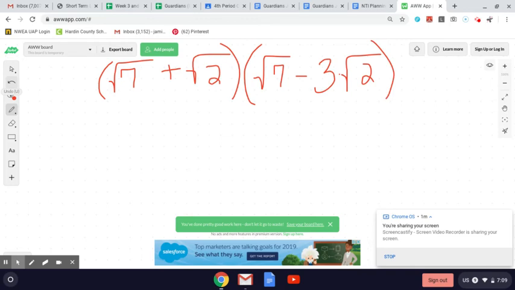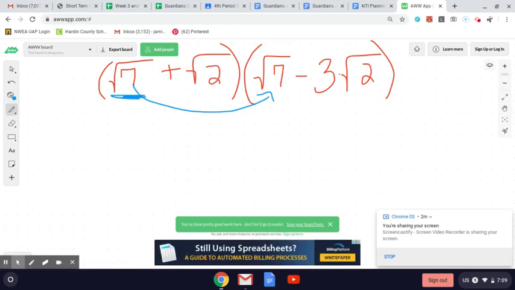All right, so you have to remember how to multiply binomials when you're doing a problem like this. So you take the first term and you multiply it by the first term of the second one. So radical 7 times radical 7. We learned that when you have the exact same radical multiplied by each other, it comes out as whatever that number is, because it'd be the square root of 49, which is just 7.